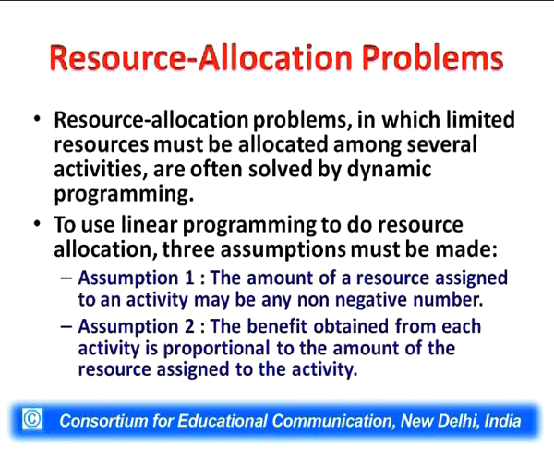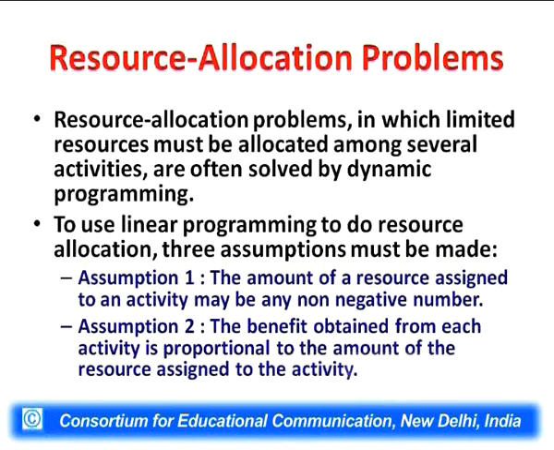Now, we have another example, another problem which finds its solution in the dynamic programming process. This is resource allocation problems. Resources in the organizations are limited and must be allotted judiciously so that cost is minimum and the results are maximum.